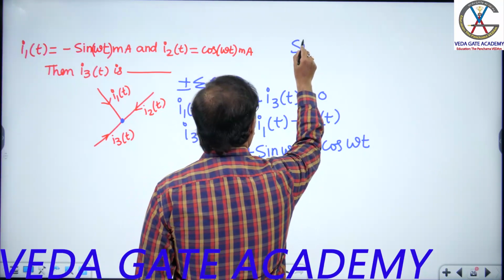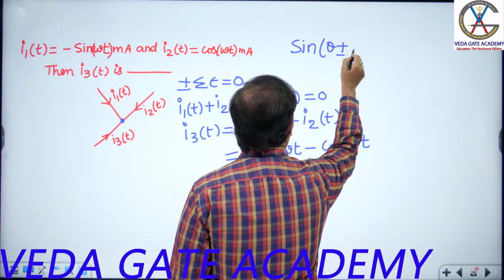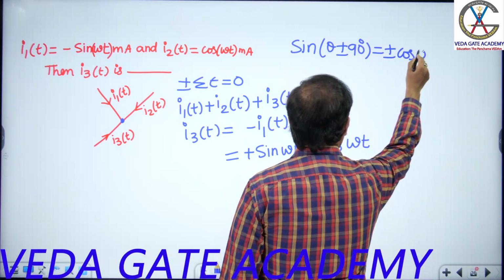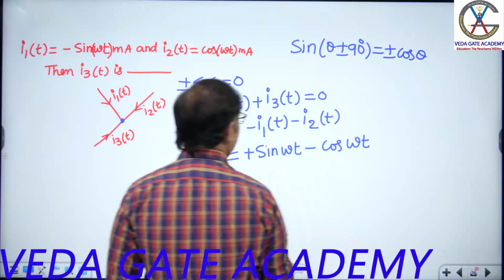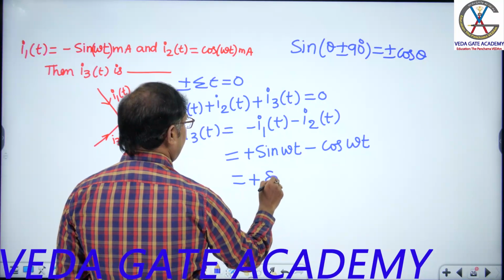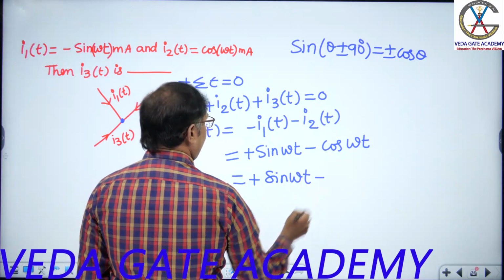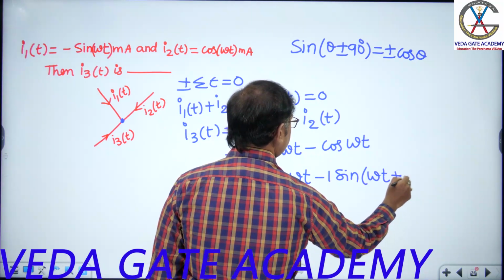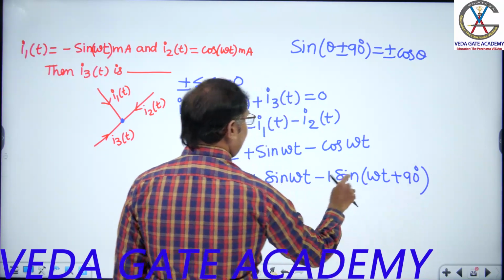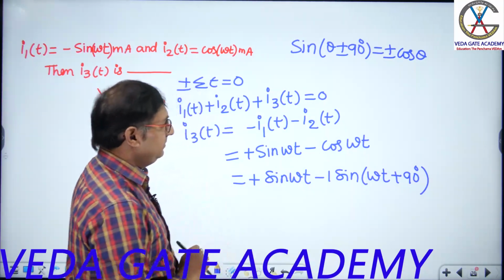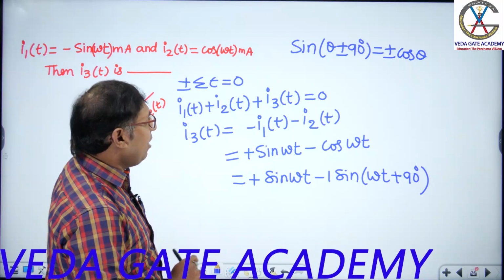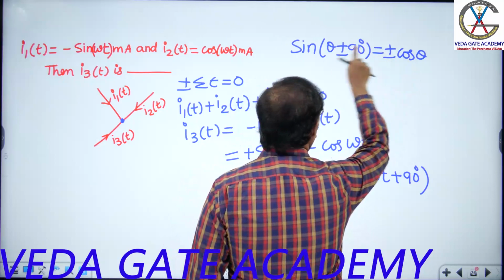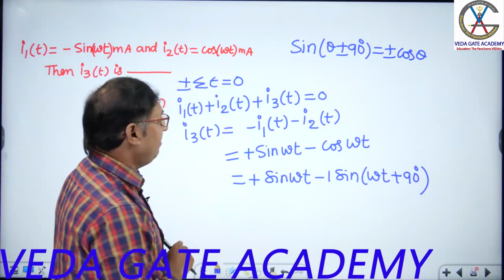Sin of theta plus 90 gives plus cos theta, and I have minus cos theta, so we have to think like this: minus cos theta is sin theta minus 90.